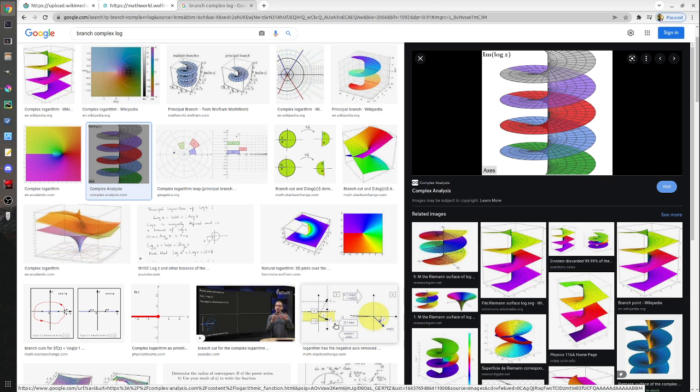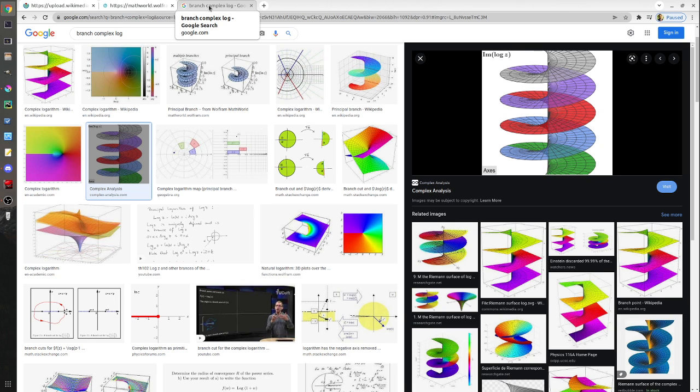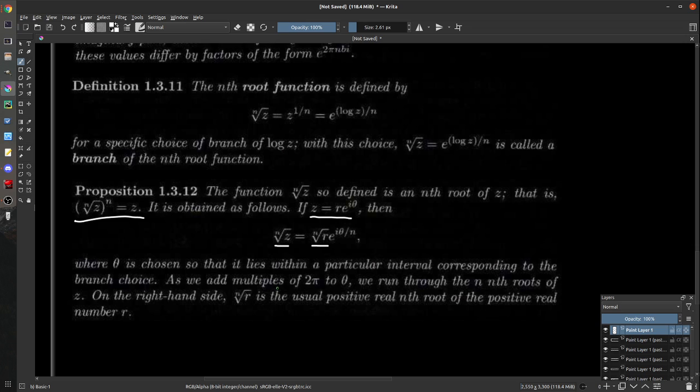And that's all we're doing. Since we're just choosing how we want to define arg, that's exactly what's going on here. Nothing super strange or weird. We're just deciding when to start and when to stop in terms of going around a circle.